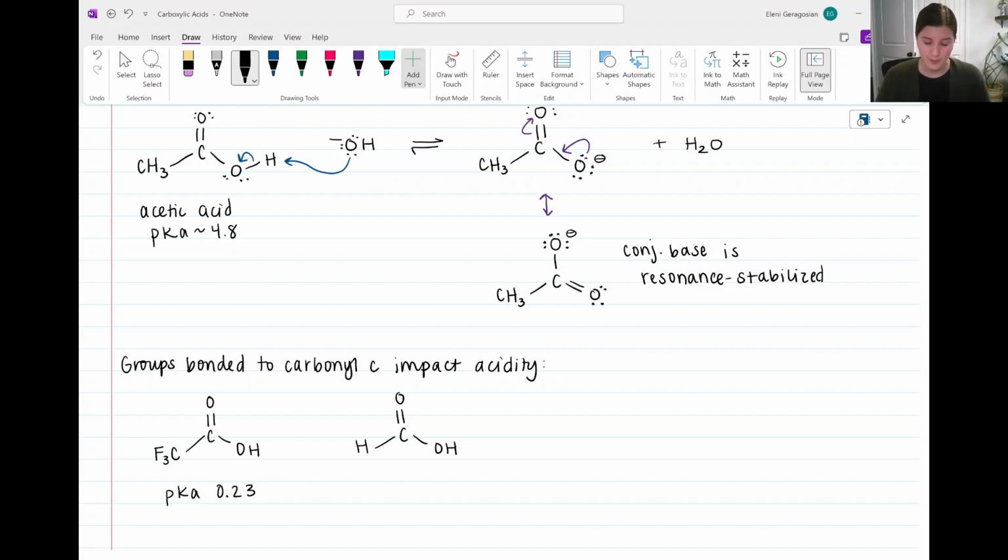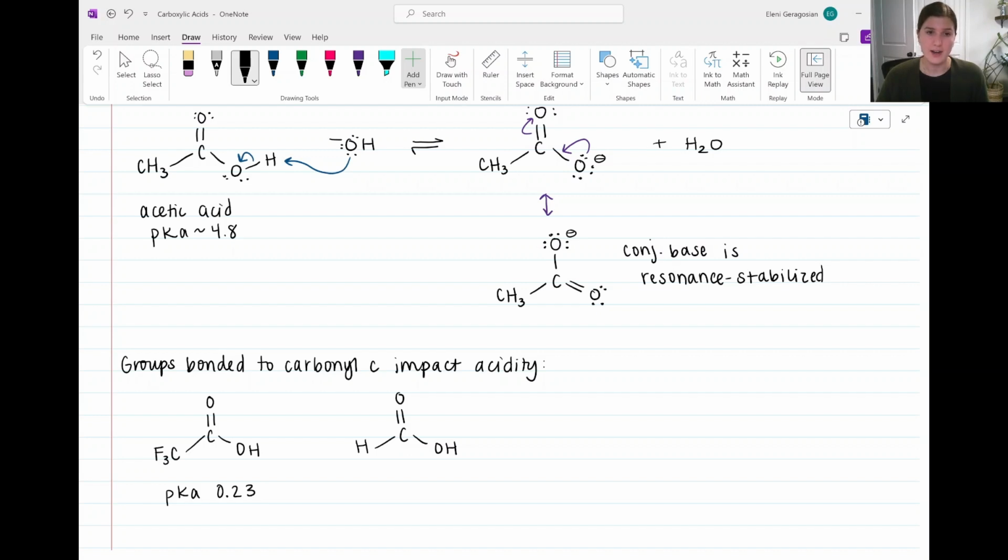And then formic acid with a hydrogen bonded to the carbonyl carbon. We're comparing to acetic acid. We have a methyl group versus a hydrogen. A methyl group is more electron donating.